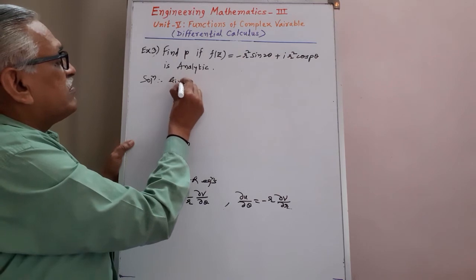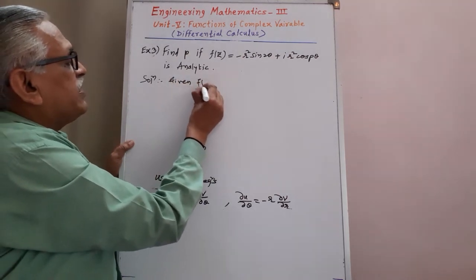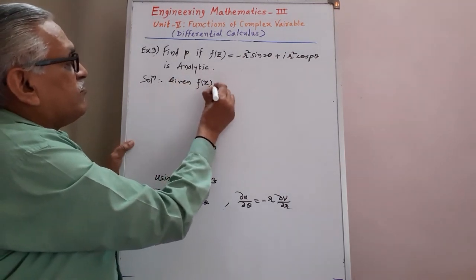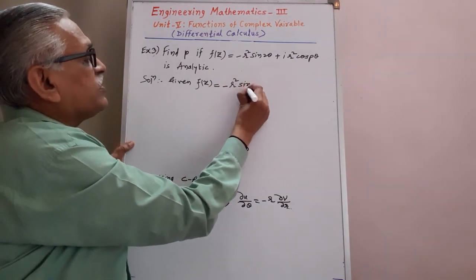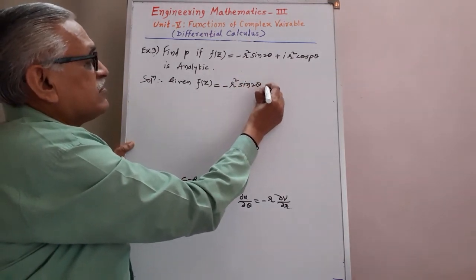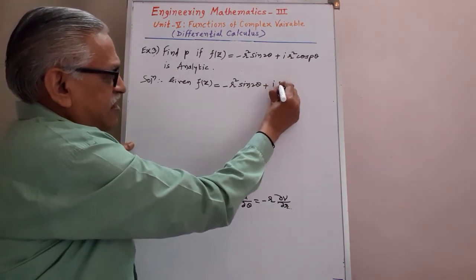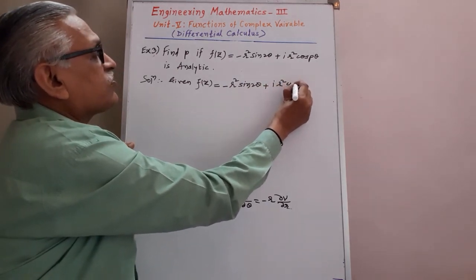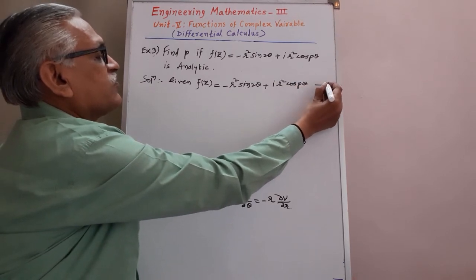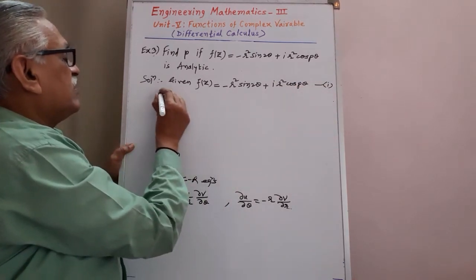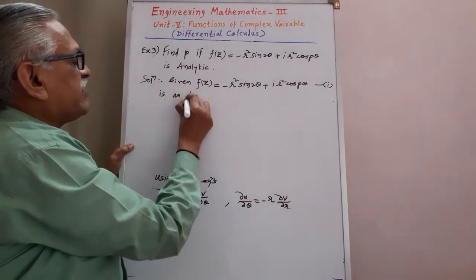Given f of z is equals to minus r square sine 2 theta plus i times r square cos of p theta, if we call this equation 1, is analytic.